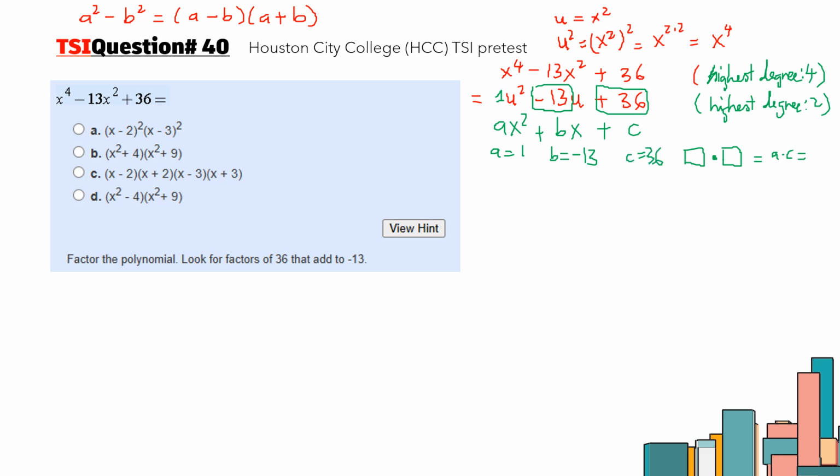That's why they say factors of 36. So the product of the two numbers will be 36, and the two numbers add up to b, which is negative 13.